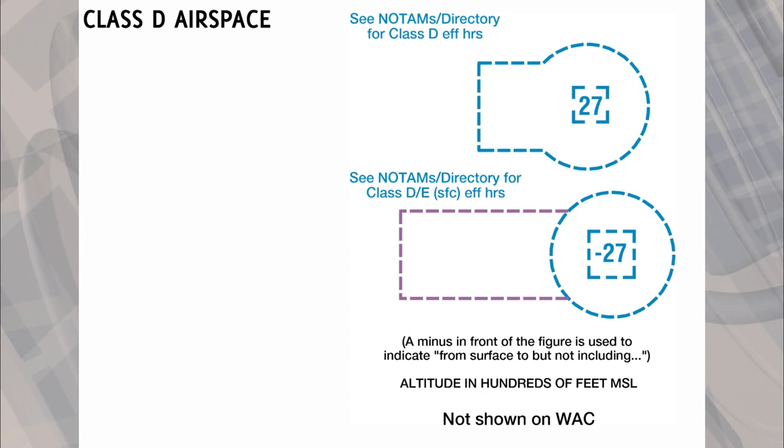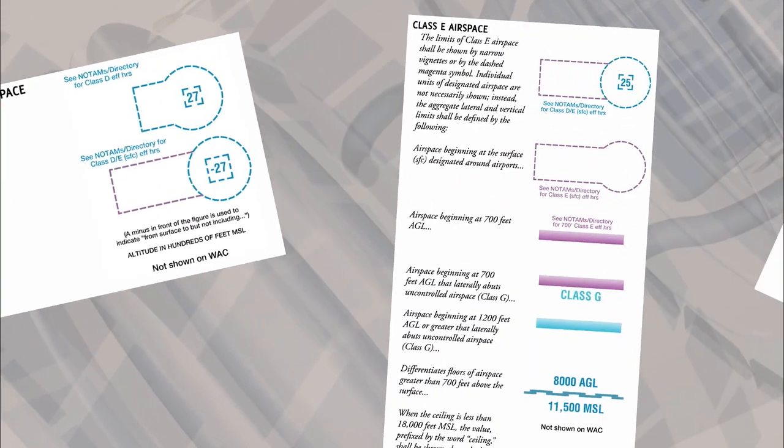And in this case, the height of this particular Class Delta goes up to, but does not exactly include 2,700. So it would go up to 2,699 feet, and then that would be that. All right, so that pretty much explains Class Delta and what they can look like. Usually a circle, but not always.